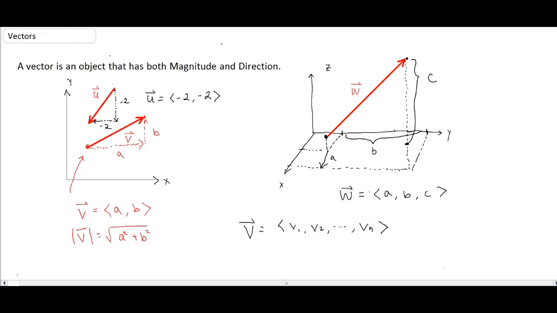If I want to calculate the magnitude of this vector w, and you remember the distance formula from three-dimensional space, this is going to be the square root of a squared plus b squared plus c squared, and so forth.